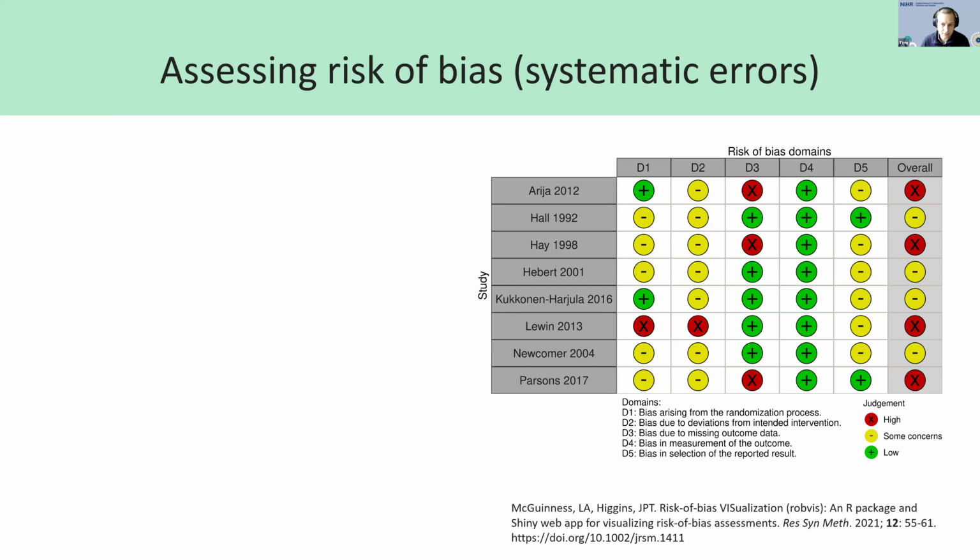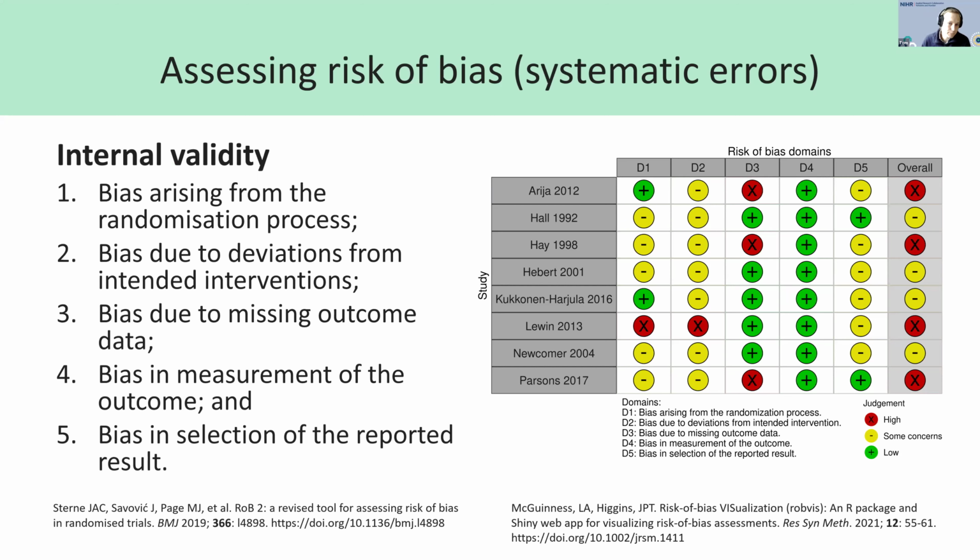And yeah, either judged as low risk, which are the green pluses here, some concerns, in older versions of risk of bias assessment that might be unclear risk of bias, or as high risk of bias, this red X. So we're talking about internal validity when we're talking about risk of bias.